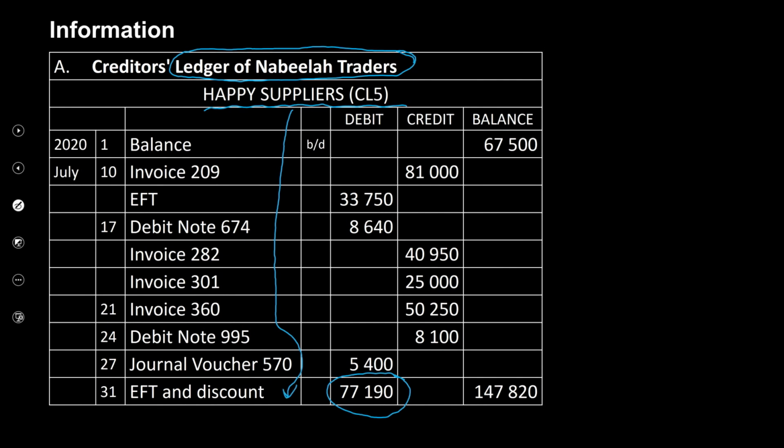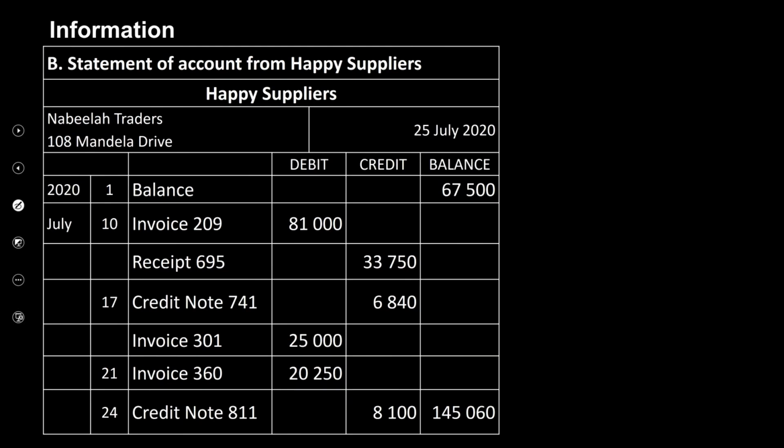At the same time, like we've recorded in our ledger, they have recorded on their statement that we are receiving from Happy Suppliers. Obviously they are telling you that this is what we are owing them, and these are the transactions that they have recorded.